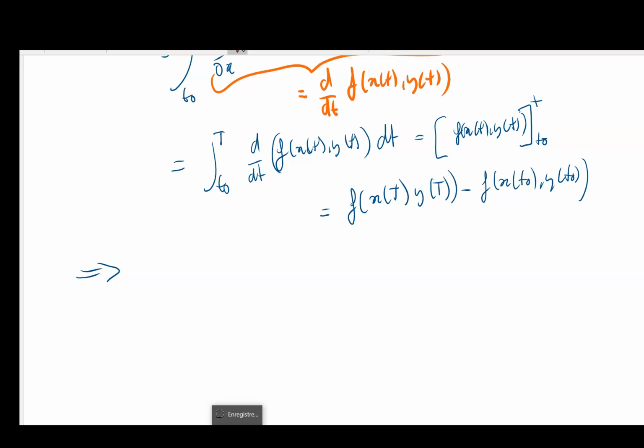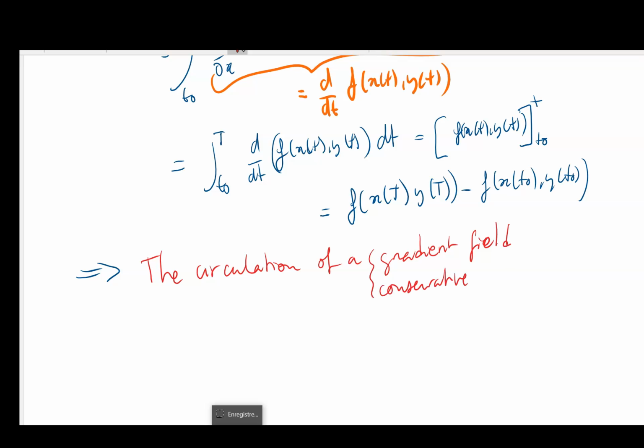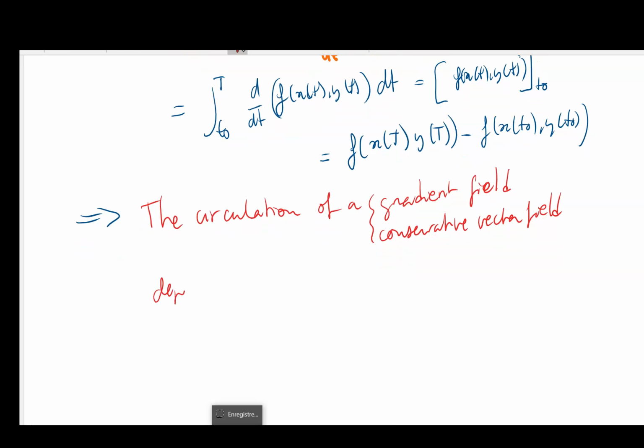The circulation of a gradient field, a conservative vector field, okay, depends only on the values of, well, the potential it comes from, so let's call that f, at the bounds of the curve.